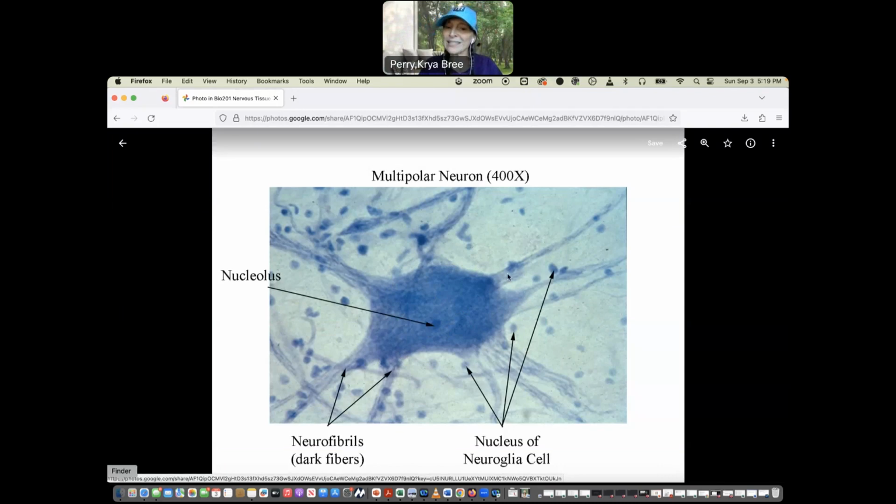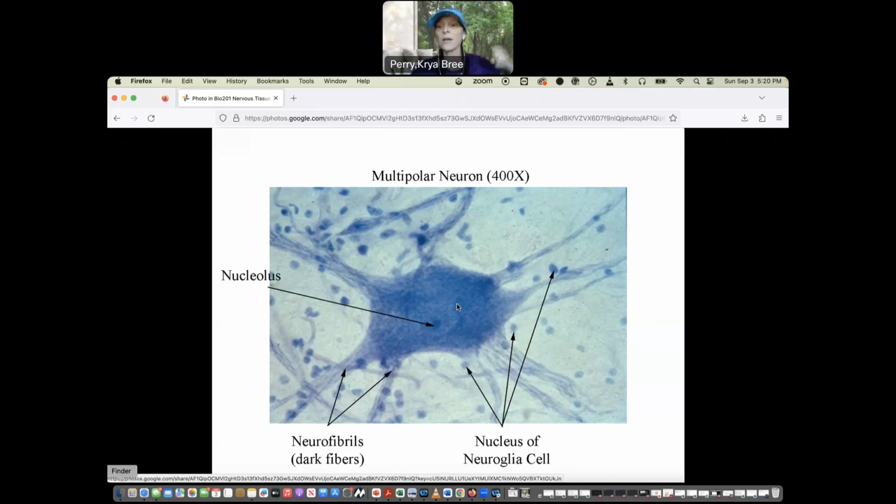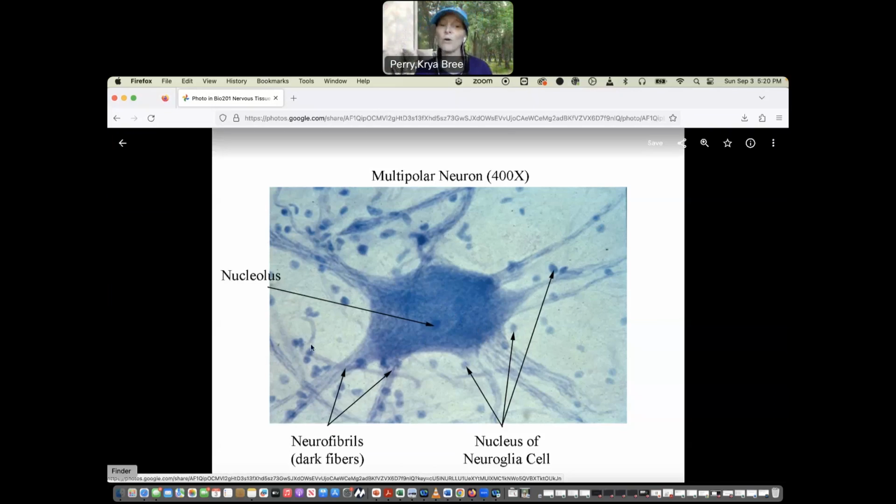And then you're going to see it has all of these little extensions that eventually you'll learn are called dendrites. And one of those is probably an axon, but you can't tell which. The dendrites take in the messages and pass them along as they connect to other neurons. And then they'll pass it along through the axon. It's way more than you need to know right now, but just to give you an idea, that's why these neurons look so branched, because they're taking in messages and passing them along. Okay.